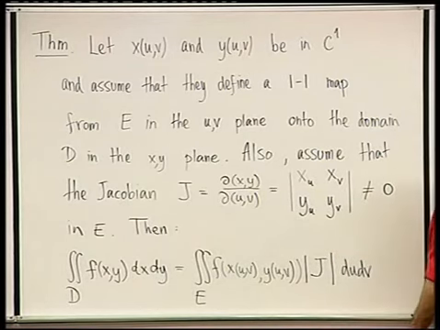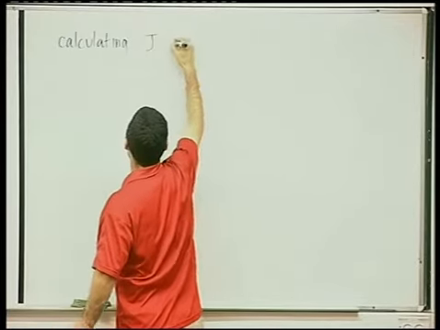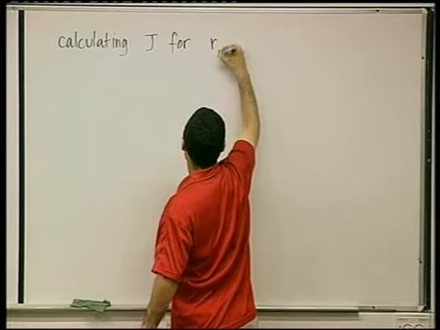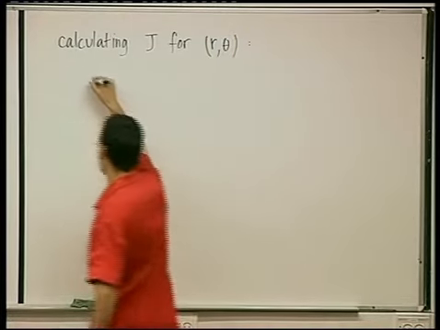So calculating the Jacobian for r theta, for polar coordinates. So what do we need?